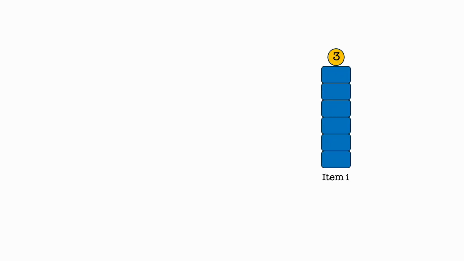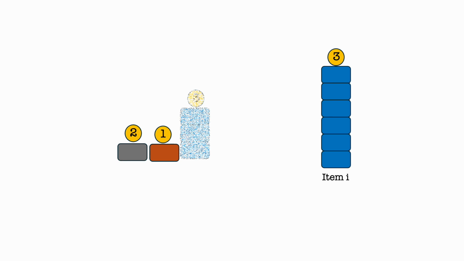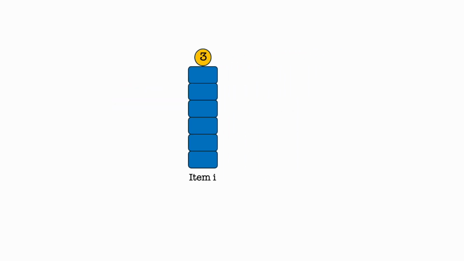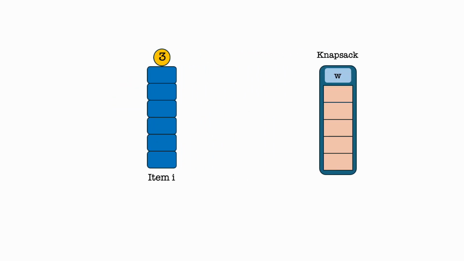Now, we need to understand that when we are exploring the ith item and there are already I minus 1 items considered, we have the optimal solutions of those subproblems stored in the array. If the current capacity of the knapsack is W, we have three possibilities. First, the size of item I is greater than the current capacity of the knapsack.